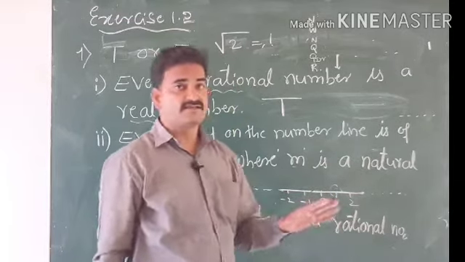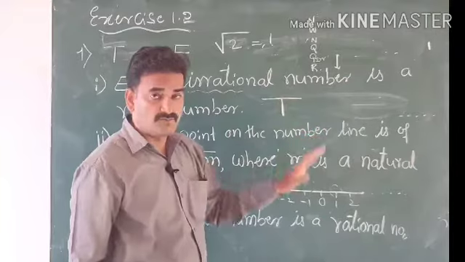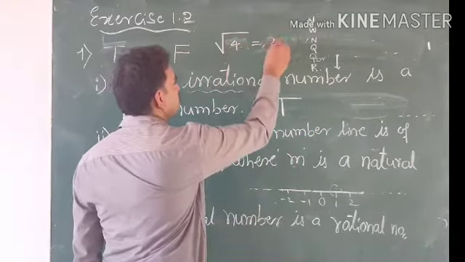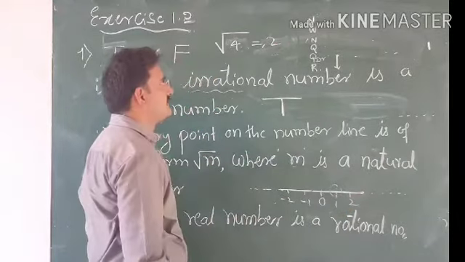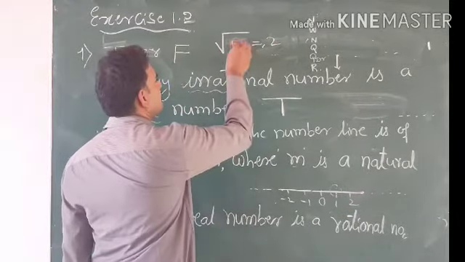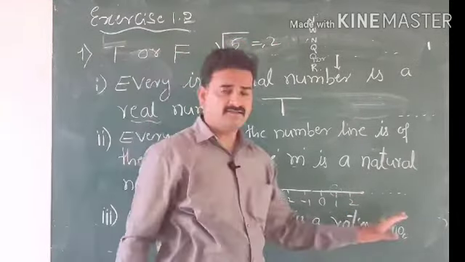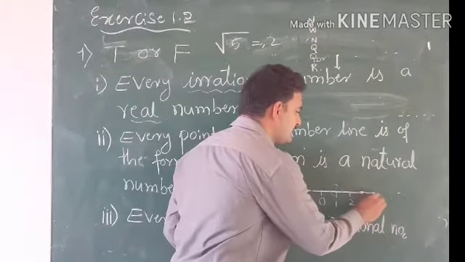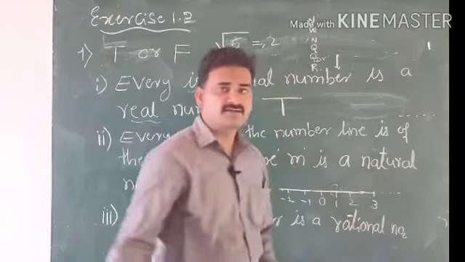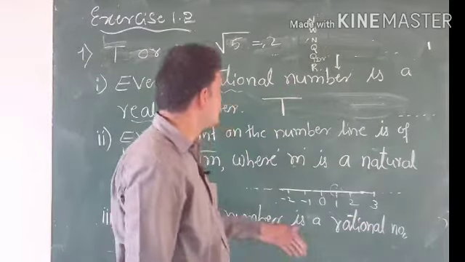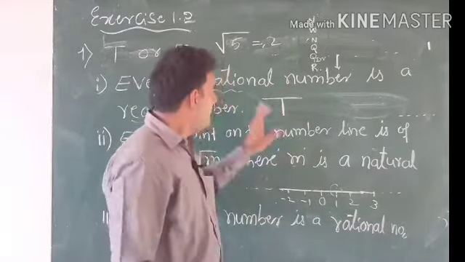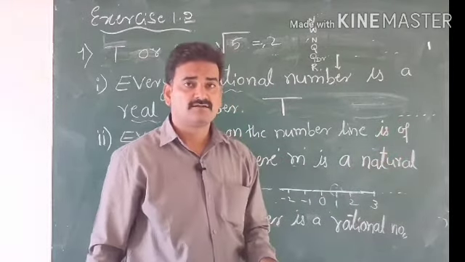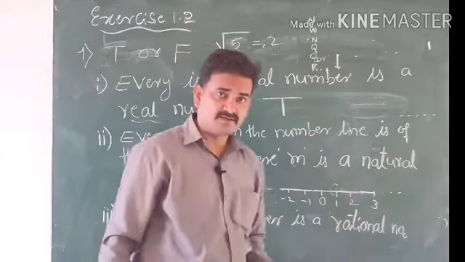Root 3 we can do it. Root 4 here only I can say. Root 4 is 2 is here. Next root 5. Root 5 comes in between 2 and 3, somewhere in between. That is also I will show in the next problem. So all the positive numbers I can plot on the number line.